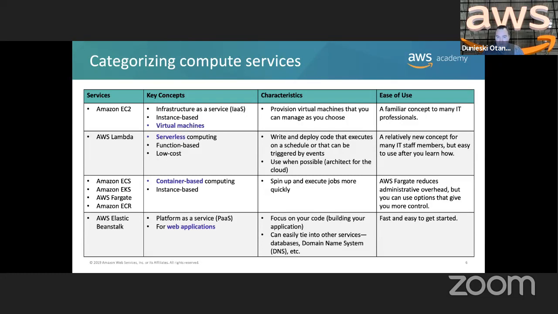It can easily tie into other services, databases, domain name service, DNS, that's Route 53, right? So you can integrate with other services like elastic load balancing, things like that. But guys, you don't have to worry about any of that. You could do some configuration changes, but Elastic Beanstalk will do it all for you.